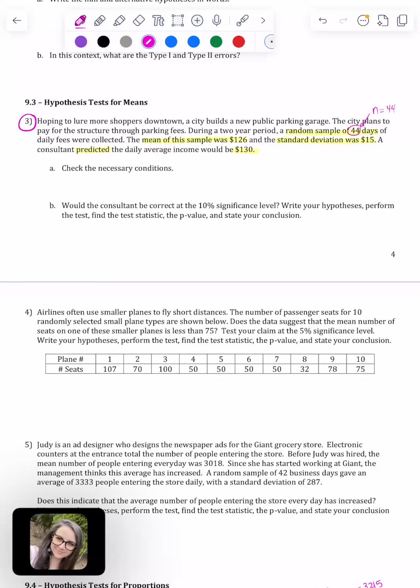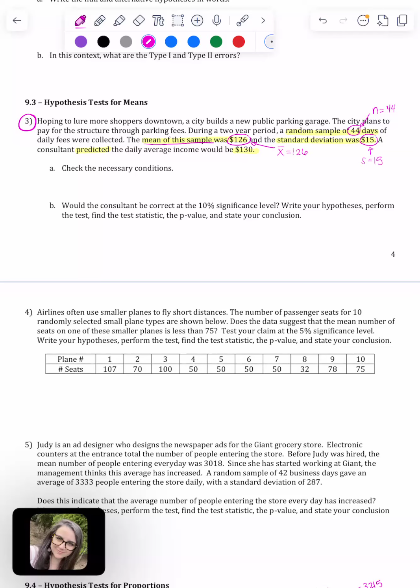It's that key language, random sample. And then we keep going. It says the mean of the sample, so the mean of the sample implies that this 126 is x bar equals 126, because that's the notation for the sample mean. And then it says that the standard deviation was $15, so we see that s is equal to 15.